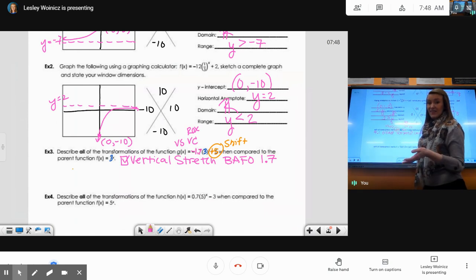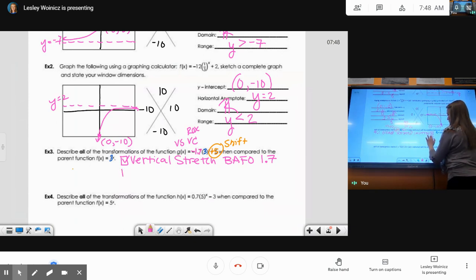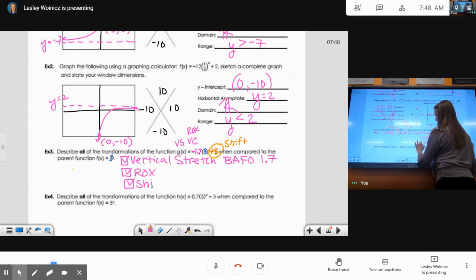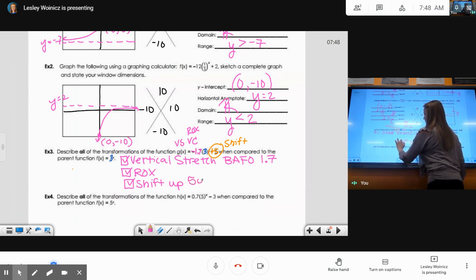If it was 0.7, that would be a compression. But if it's 1.7, then it's bigger than 1 and it's a stretch. Okay, we have a reflection because our a value is negative. And we have a shift up 5 units.